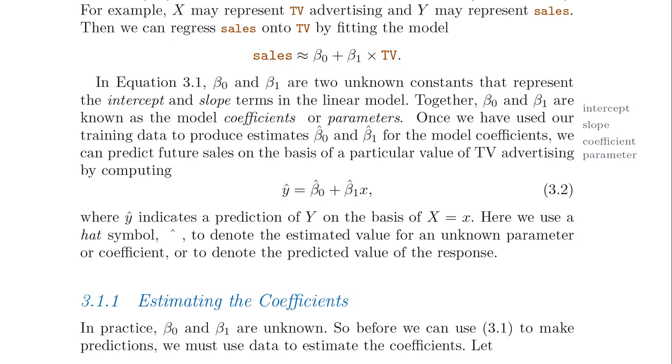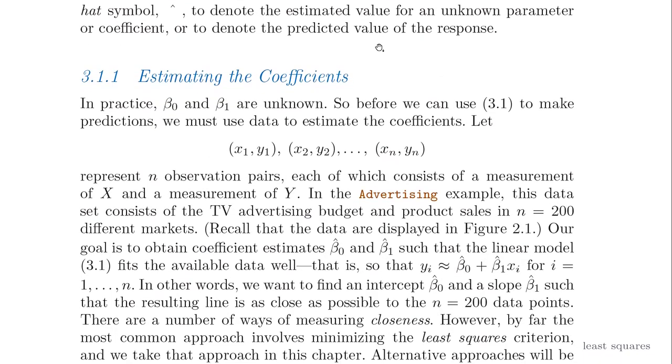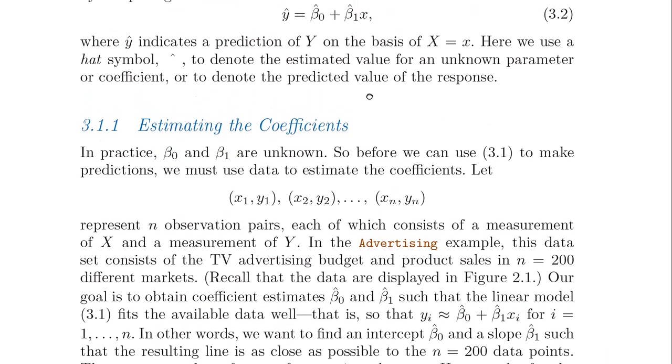Here we use a hat symbol to denote the estimated value for an unknown parameter, or to denote the predicted value of the response. Okay. Now, how do you actually estimate these betas?